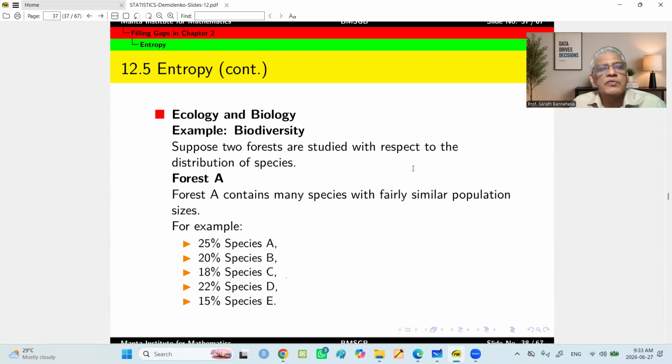Let's look at an example of ecology and biology. In this case, we are considering biodiversity. Suppose two forests are studied with respect to the distribution of species in those two forests. Suppose in forest A, there are many species with fairly similar population sizes, right?